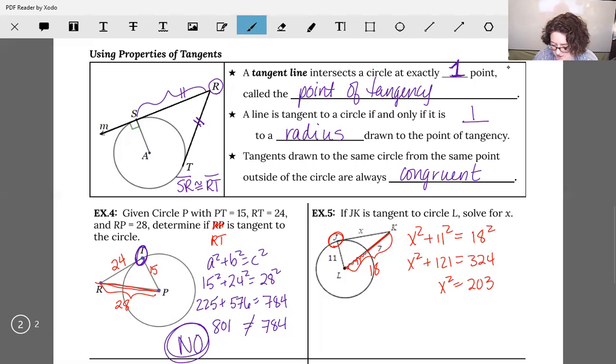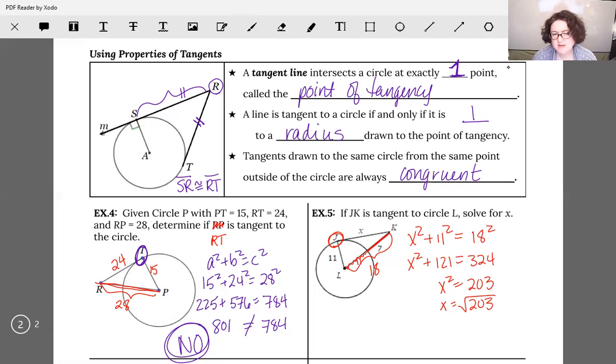And then we take the square root of that. So the square root of 203. I'm going ahead and figuring out that actual square root because I know that 203 is not a perfect square. It's definitely not on the possible lists that I'm aware of, and it doesn't look like it's going to have any really good factors.